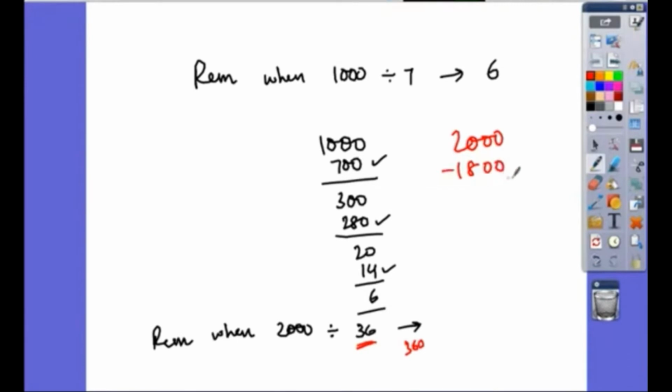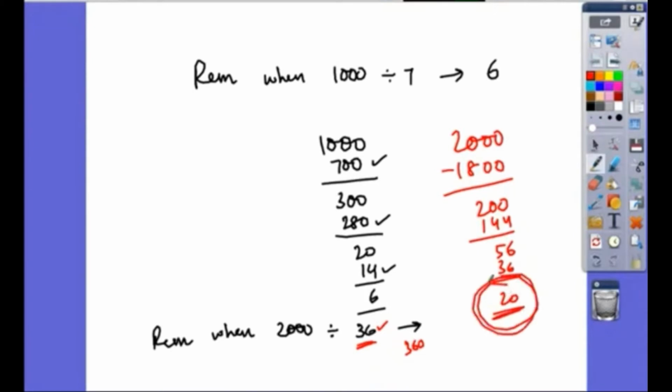So 1800 gone. How much is left? 200. Out of 200, you'll have to take something divisible by 36. 36 double is 72. Twice of that is 144. I know that it is divisible. I'll subtract 144. You're left with 56. From this, I remove 36 again. You're left with 20. So 20 is the remainder when 2000 is divided by 36.